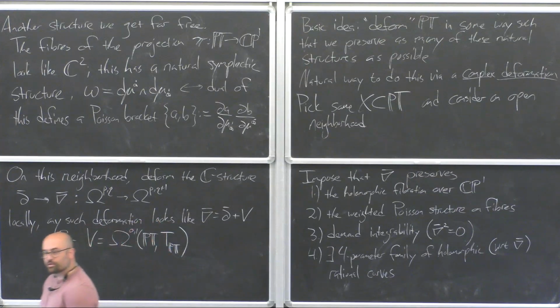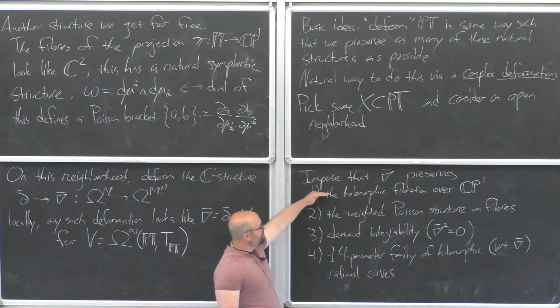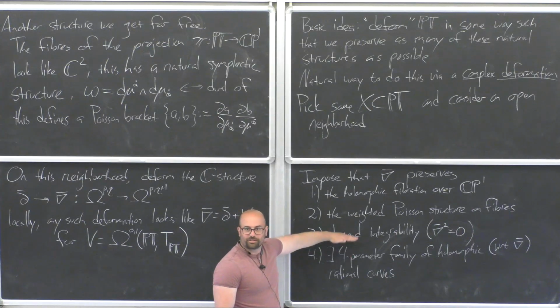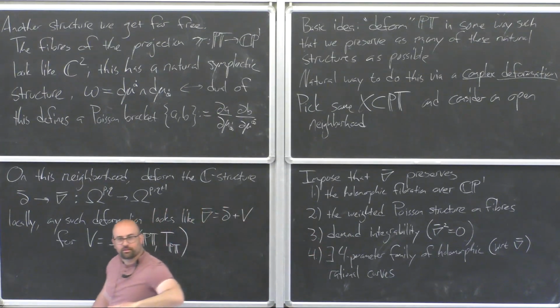Okay? So these are the natural structures we had in our Twistor space that we started with. The holomorphic fibration over CP1, weighted Poisson structure on the fibers, complex structure integrable, 4-parameter family of curves that are holomorphic with respect to that complex structure.